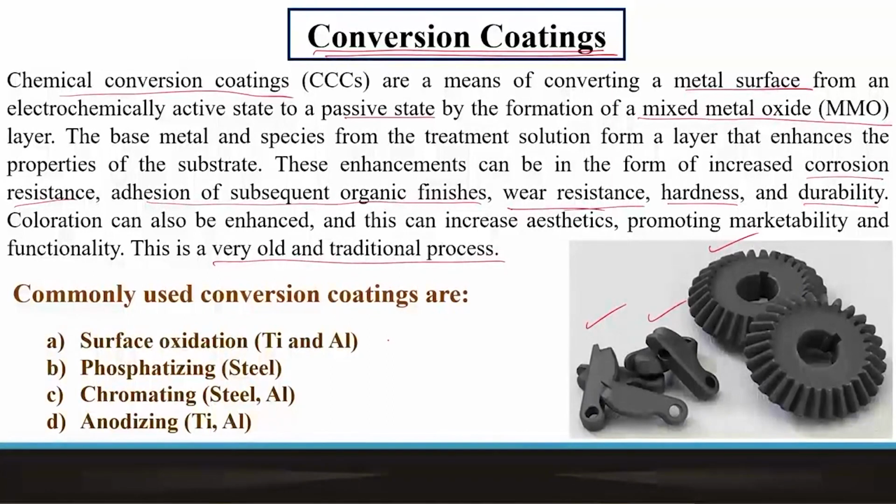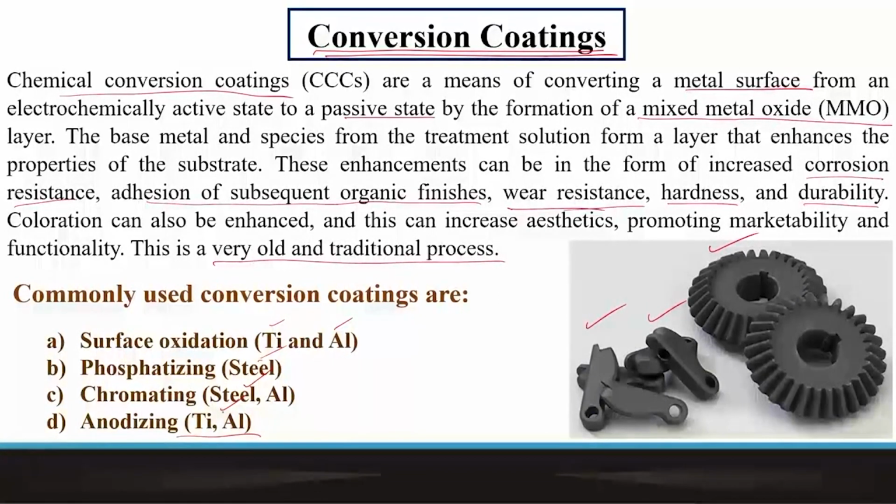So, the typical conversion coatings that we talk about could be based on conversion of titanium or aluminum on the surface into its respective compounds, not necessarily oxides, but maybe mixed oxides or some other compounds, phosphating, then chromating, anodizing.